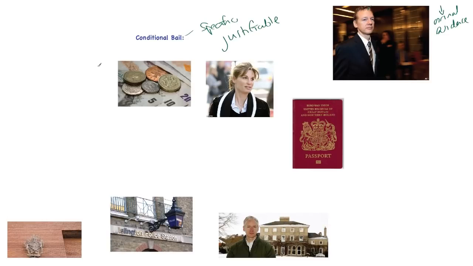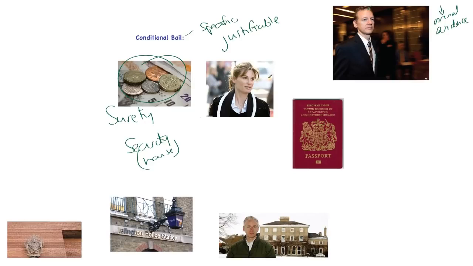Conditions can be surety, and by surety we mean money, or security, and by security we mean an asset. So it could be your home, for instance, or your car. And these are forfeited if the bail is broken.